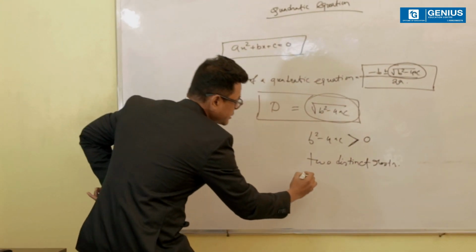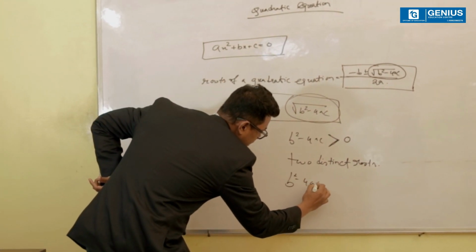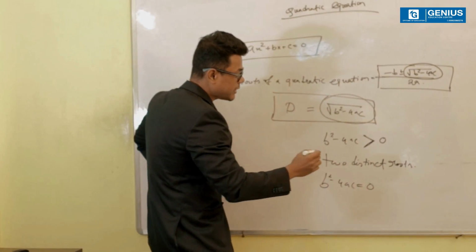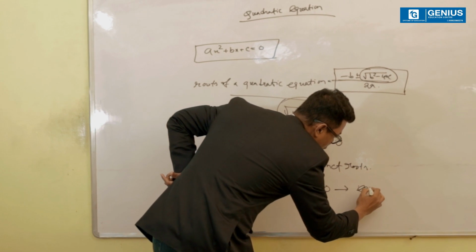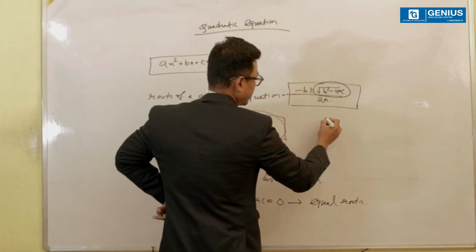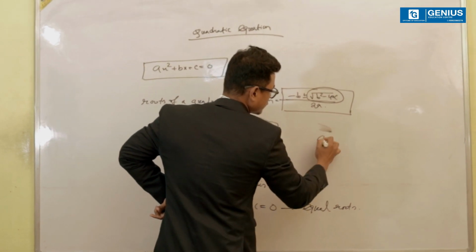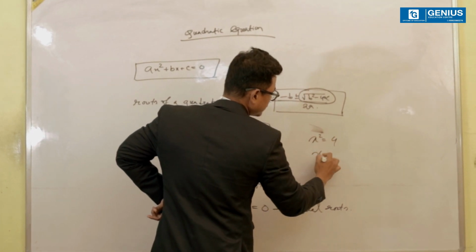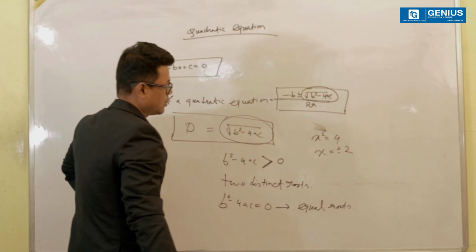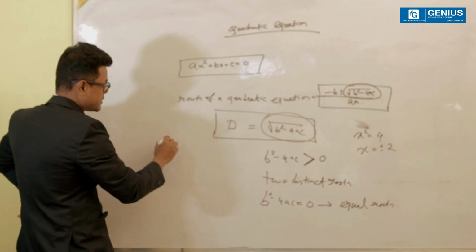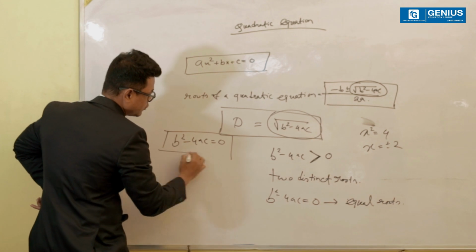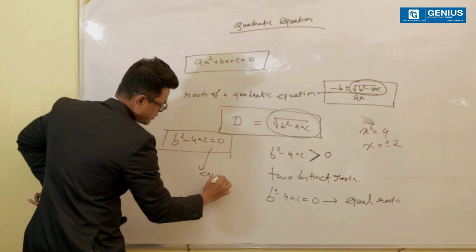If b square minus 4ac is equal to 0, the roots of that quadratic equation will be equal. That means if you are getting something like x square is equal to 4, then the roots can be plus minus 2, or anything that has b square minus 4ac as 0 as a discriminant, the roots will be equal roots.